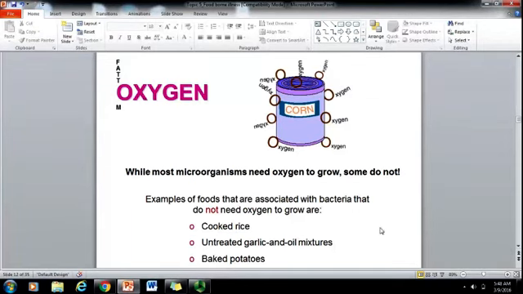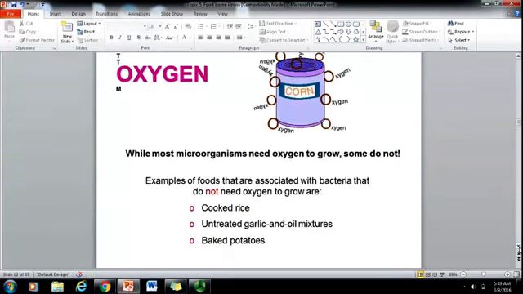Why do we need to know about the oxygen factor? Because there are some food processing methods we can use to minimize bacterial growth, such as vacuumization. Those are types of food treatment we can use to minimize food contamination. That is the sixth factor, oxygen.